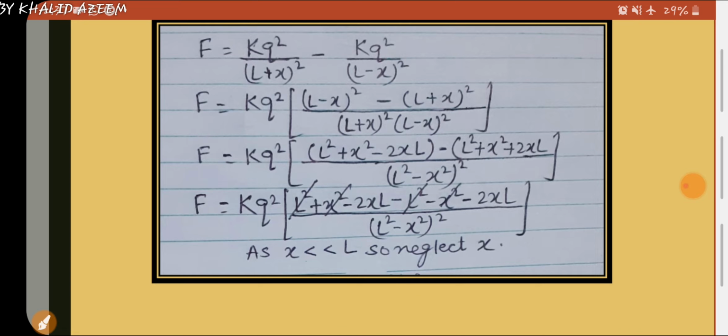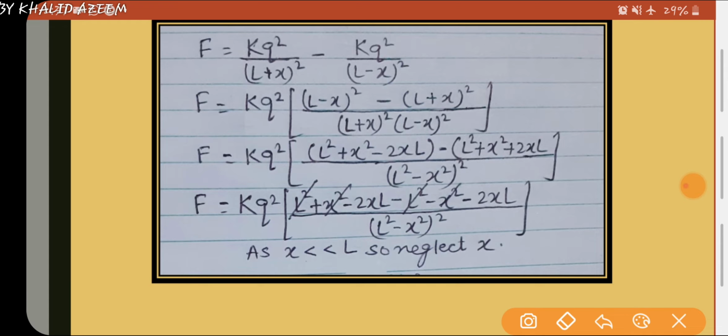Take kq square common and the LCM of L plus x square and L minus x square. This is common, so this will be multiplied with this, and this will be multiplied with this. So on expanding their squares, we get L square plus x square plus 2xl, minus, and on expanding this bracket we get L square, x square and 2xl.